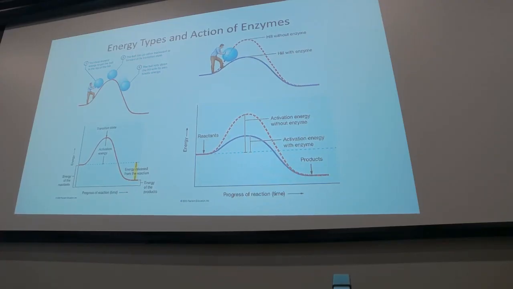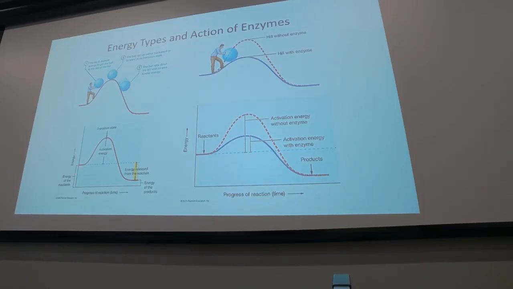In order to bring that ball to the top of the hill, you have to spend energy, so you have to have kinetic energy. And then once the ball reaches the top, you let it go. It will continue going down the hill on its own, and that basically is still kinetic energy.